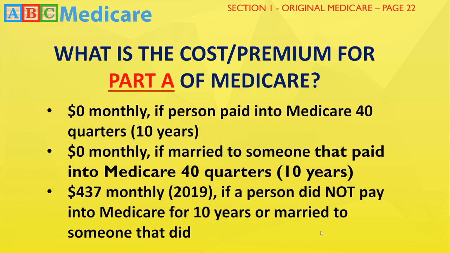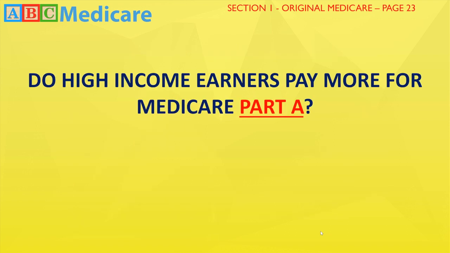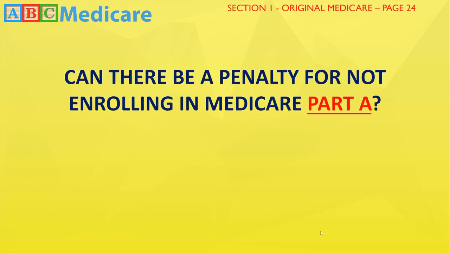For 2019, it's almost $500 a month. Question: do high-income earners pay more for Medicare Part A? The answer is no.